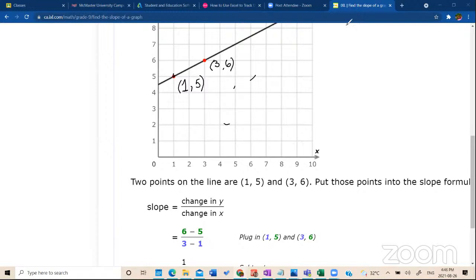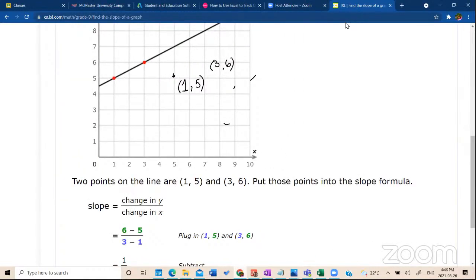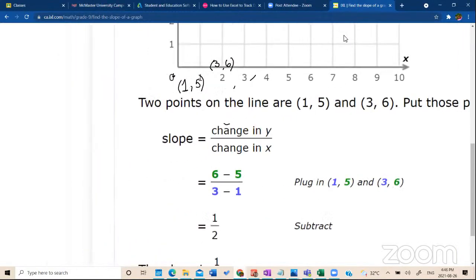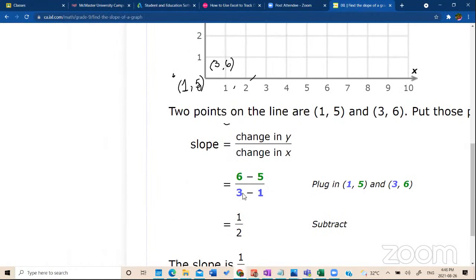What you want to do is put those points into the slope formula. The slope formula is y2 minus y1 over x2 minus x1. Let me write it out to show you. Whenever you have 2 coordinates, you write x1, y1, and this is x2, y2.